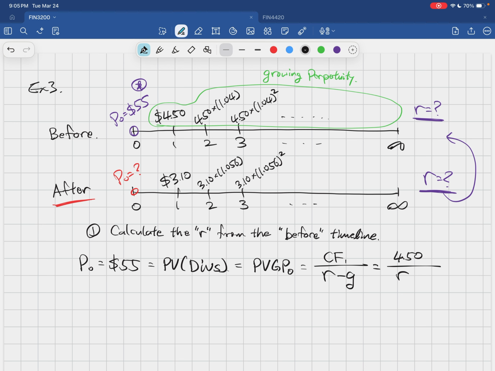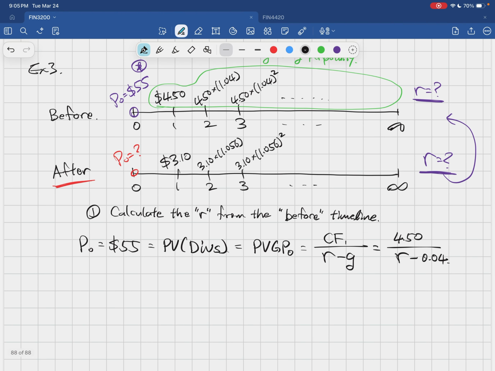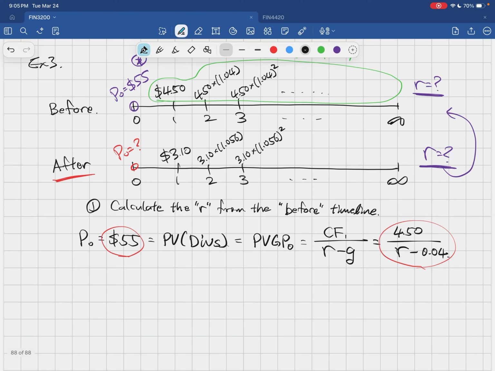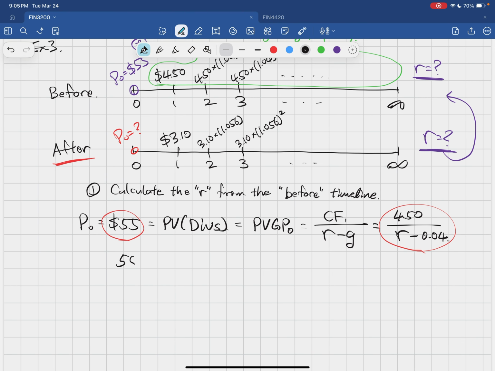The R is missing. We're trying to solve for R. And the G is 4%, the growth rate. So we can simplify this long equality. We can say this $55, the share price, is equal to this expression. And then we'll use algebra to figure out what R is. 4.5 over R minus 0.04.